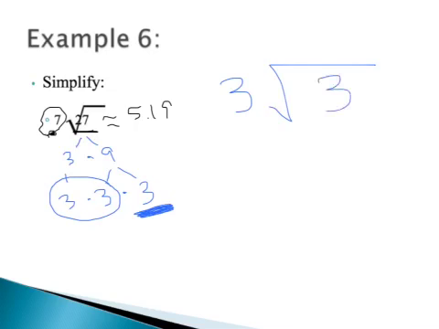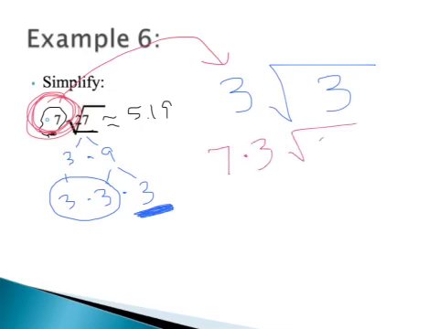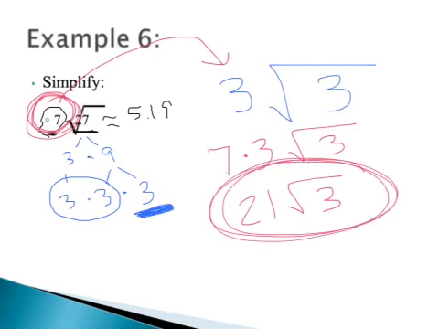Now, just like last time, remember we had this 7 that we started with, so we can't just forget about it. So we're going to carry this 7 over here, and he's going to go outside with the 3. We have the 3 in the house. So that makes our final answer 7 times 3, which will make 21 square root 3. And there's our final answer.